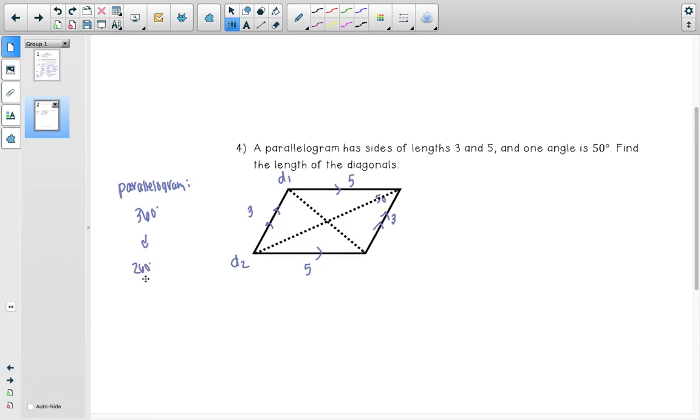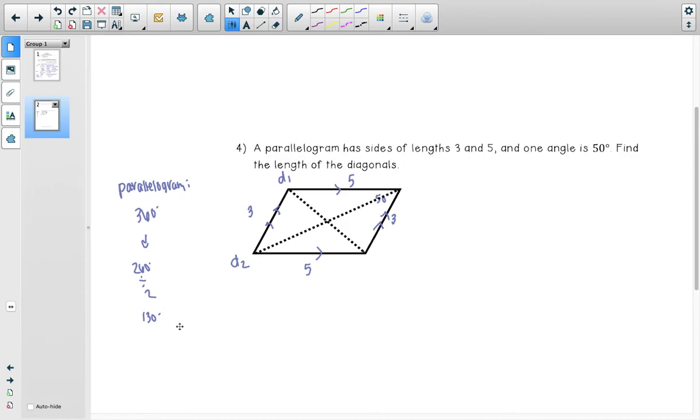Then if you divide that by 2, you get 130. My notes on the internet might be off because I have it down as 120 for some reason, and I don't know why.